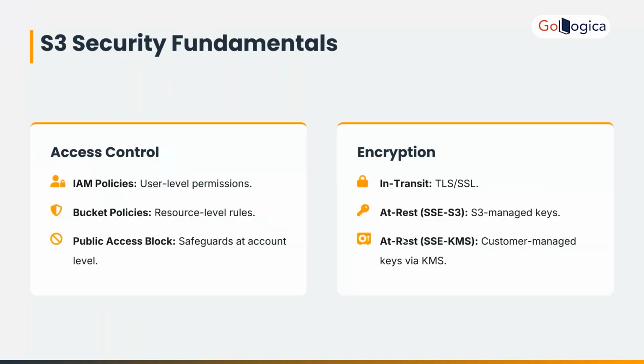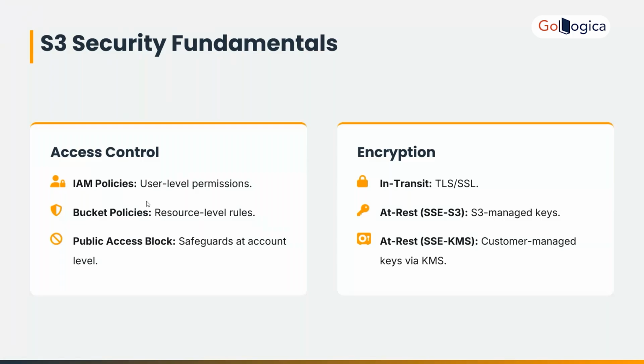And coming to the security fundamentals of S3. For access control, you have IAM policies, which are identity based policies, that is, user level permissions. Then you have bucket policies for resource level rules.